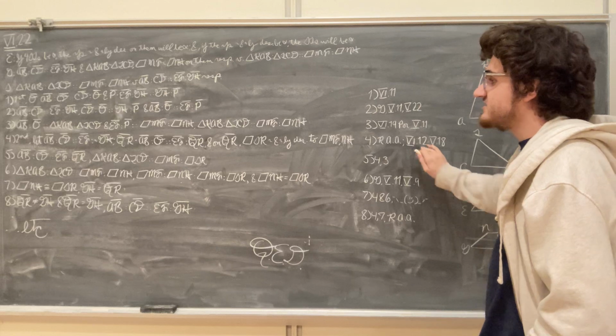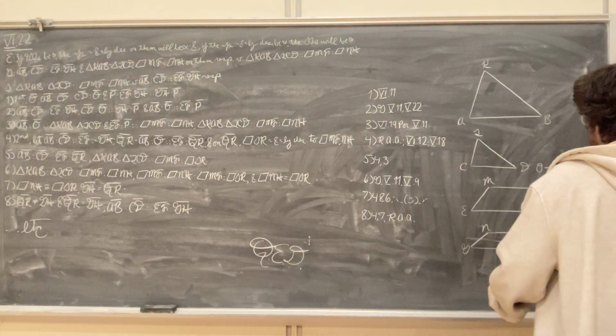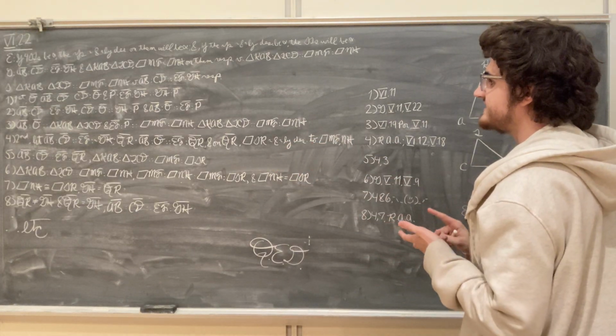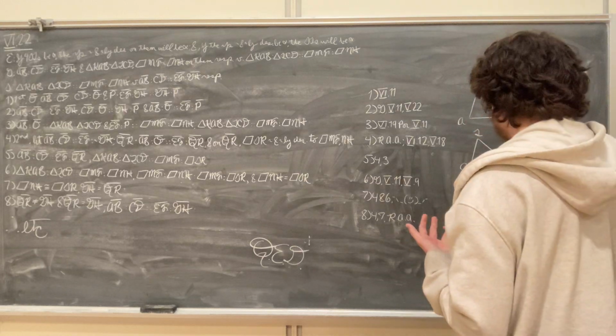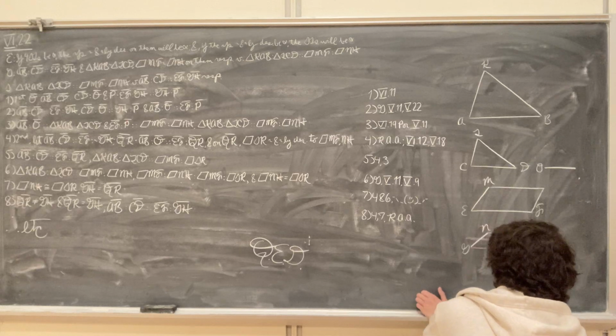So we're going to construct the straight line QR, which is a fourth proportional to AB, CD, and EF, so that AB is to CD just as EF is to QR. We're going to make QR just all the way down here.